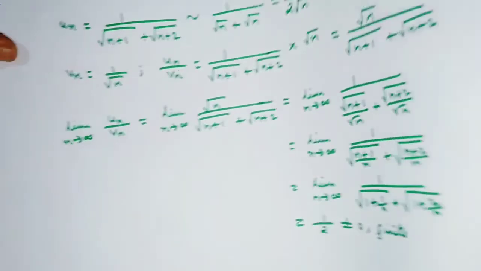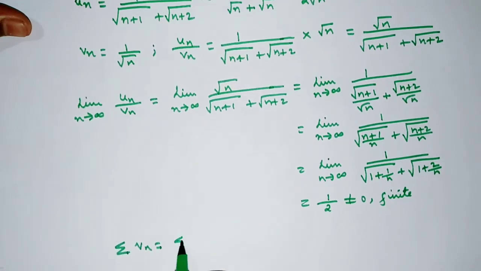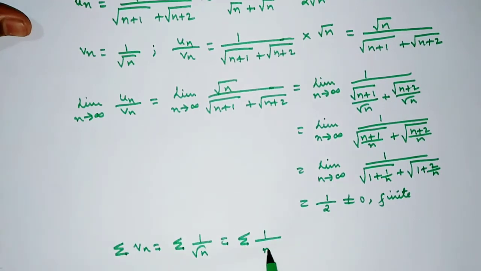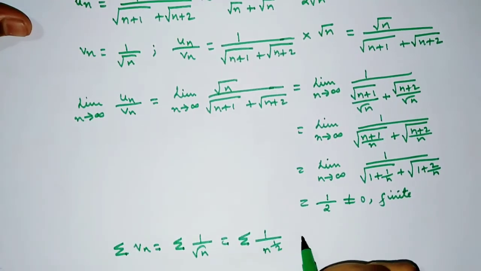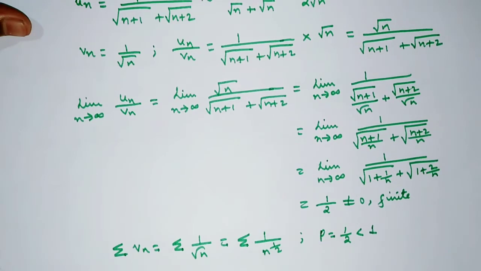Then take Vn. What is Vn? Summation is 1 upon root n. This one also is a p series. What is p here? p here is half, which is less than 1, right? And we know that for the p series, if p is less than 1, then the series diverges.